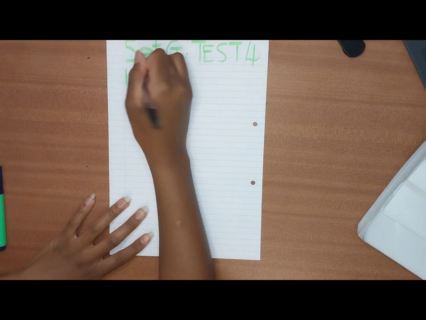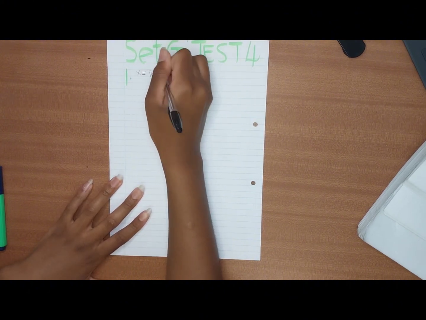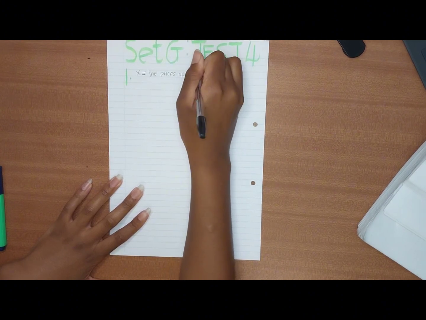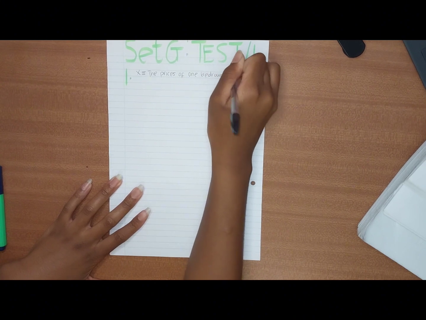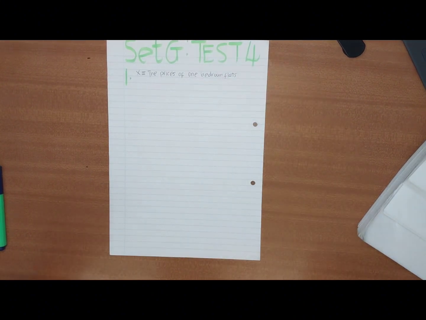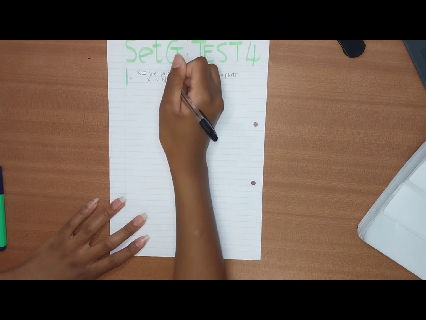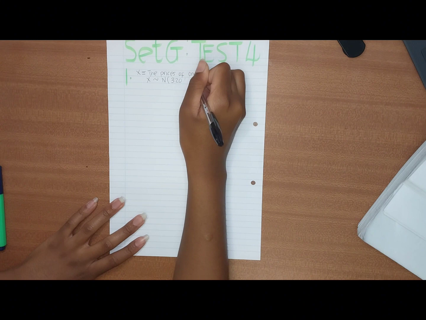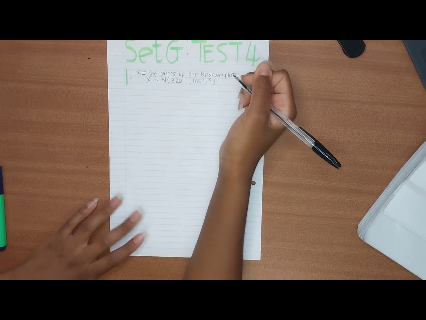So I'm just going to denote X as the prices of one-bedroom flats. So when I say X, I mean the prices of one-bedroom flats, right? And we are told that these prices follow a normal distribution with a mean of 320,000 and a standard deviation of 60,000. Remember, in the bracket, you need to have your variance.